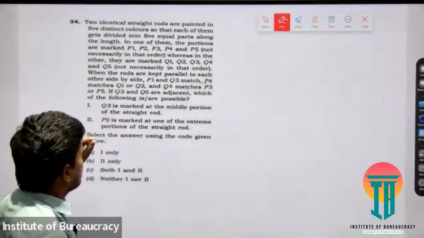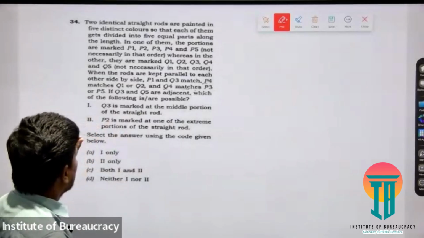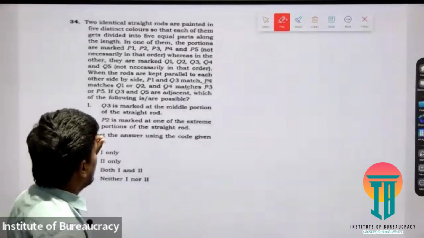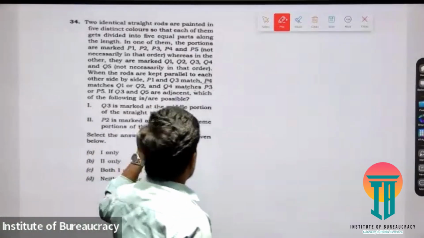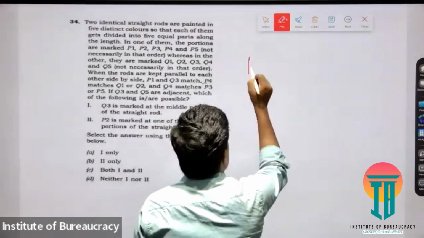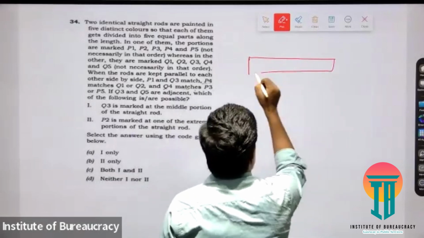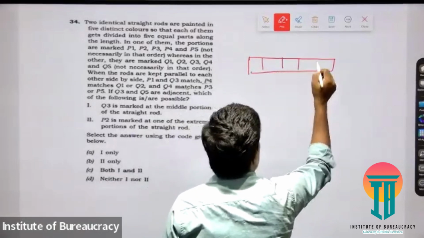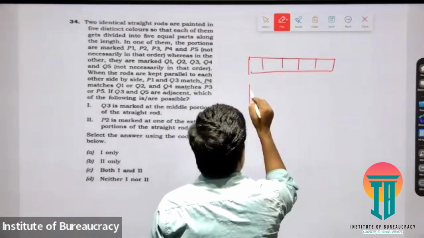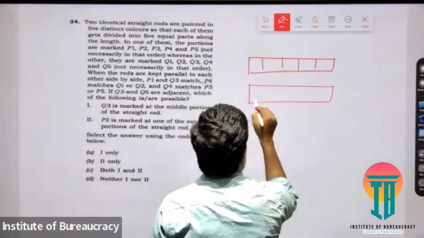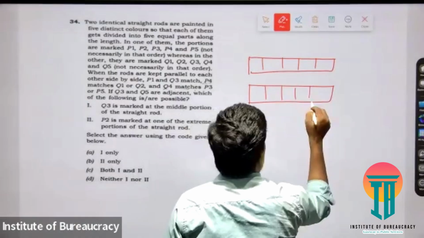When the rods are kept parallel to each other side by side, P1 and Q3 match. That means something like this: 1, 2, 3, 4, 5 and the other one is 1, 2, 3, 4, 5.